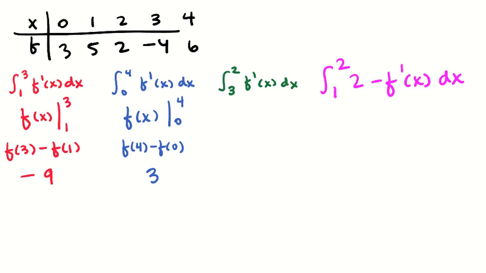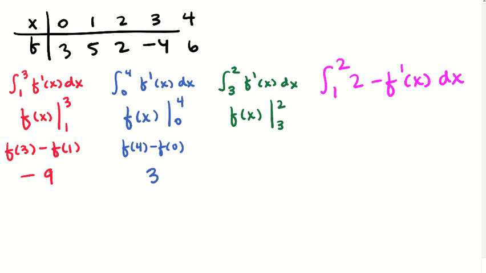And now the one in green, I kind of have another point I want to make there. Last time I told you that if we're integrating backwards from 3 to 2, it's going to be the opposite of what we get if we integrate from 2 to 3. And I explained it in terms of the Riemann sum: delta x would be negative each time. But I really like this in terms of the fundamental theorem. I know an antiderivative for f prime. That's f of x. I think I've convinced you of that.